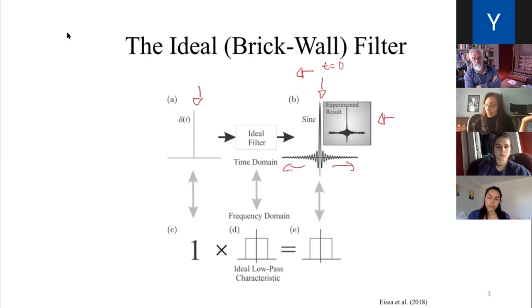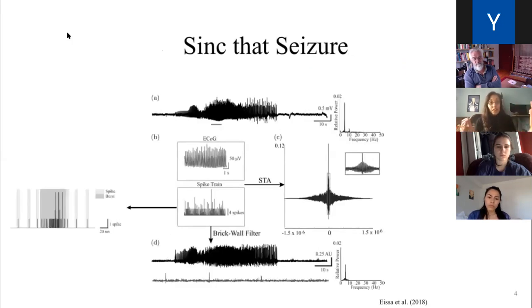So let's go back to the idea of that ECoG. We said that our ECoG recordings up here were made up of oscillations, and they really show us what the population is doing. And so if we took this a step further and we actually compute the power spectrum, we see that there seems to be one main dominant frequency that's coming out.